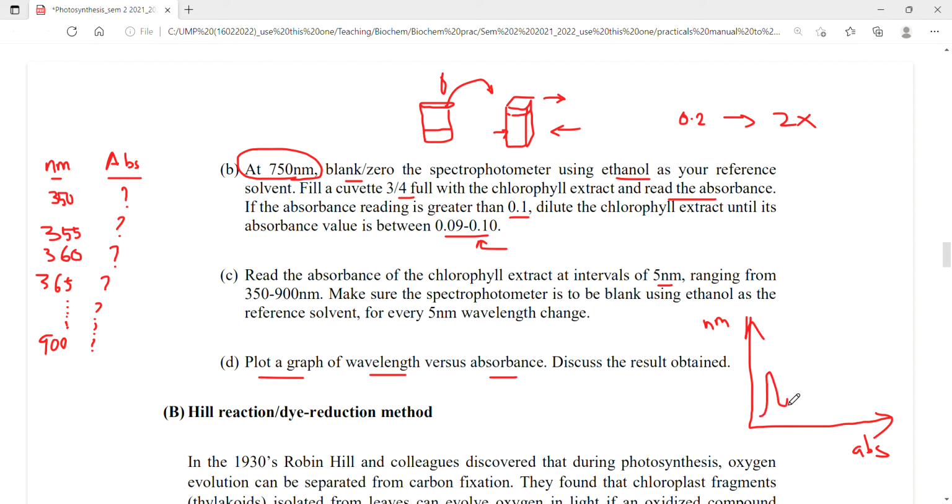Is it going to be like this with different maximal absorption, or simply said, should there be two particular regions of maximum absorption? I will let you decide after I give you the hypothetical result. Draw the graph and find out.